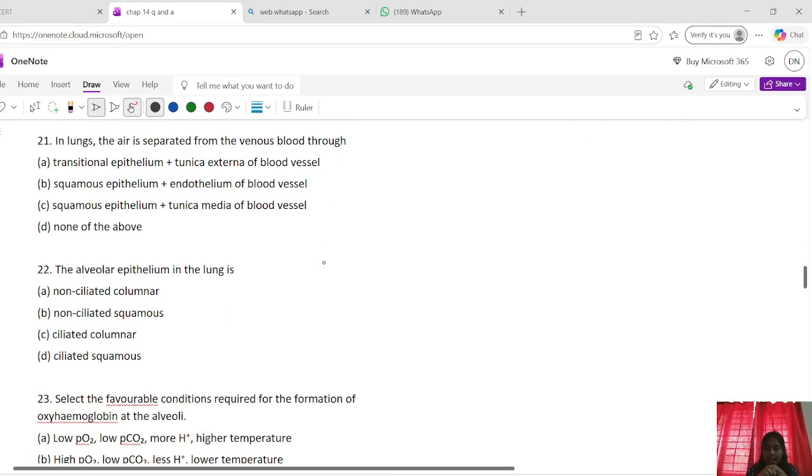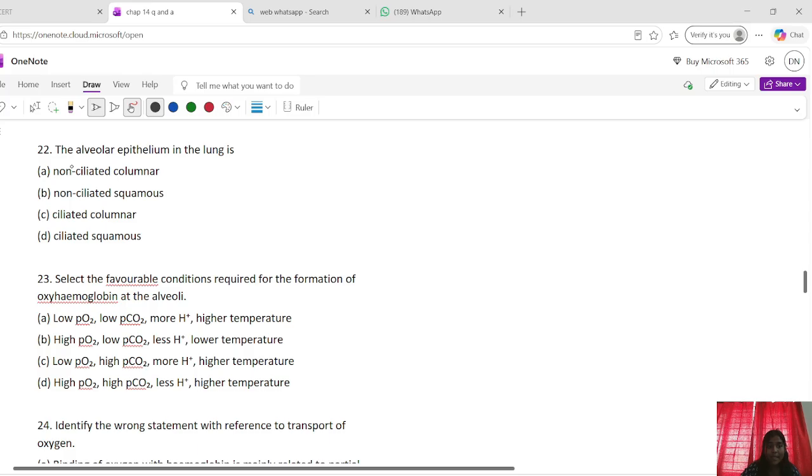In lungs, the air is separated from the venous blood through squamous epithelium and endothelium of the blood vessel. As a result, the barrier between the air in an alveolus and the blood in the capillaries is only about 0.5 mm. So what is the answer? Option B. Squamous epithelium plus endothelium of the blood vessel.